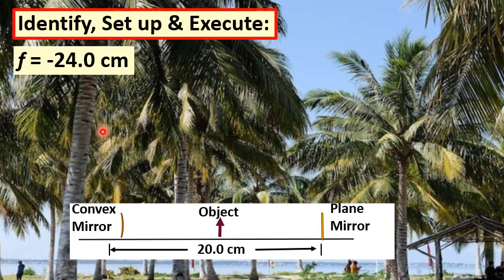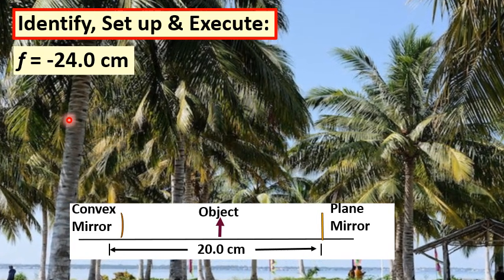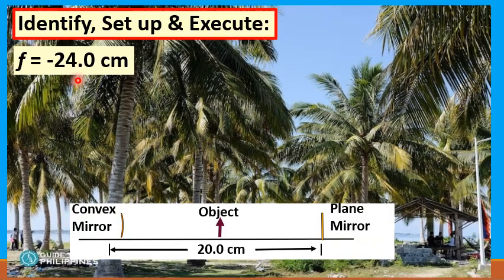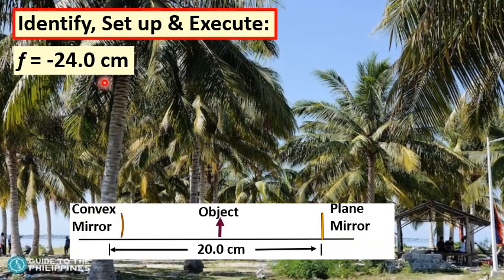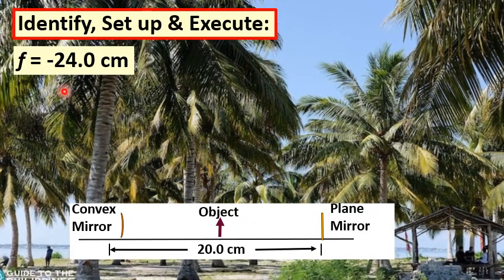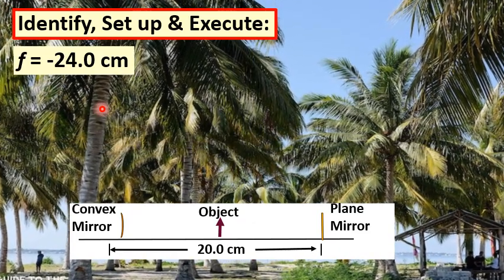First thing first, we're given the focal length of the spherical mirror, f equals negative 24.0 centimeters. By convention, the focal length of a convex mirror has a negative sign.